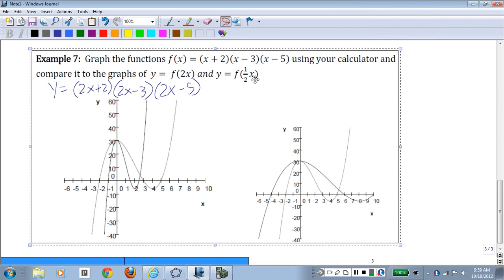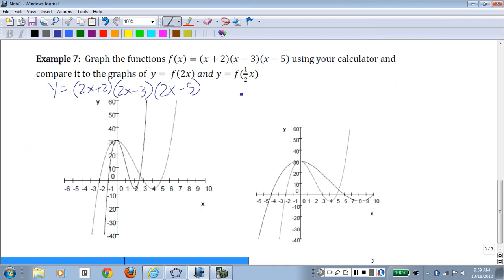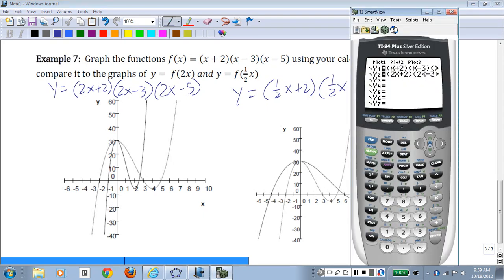So that would be f of 1/2 x. That's going to be y equals 1/2 x plus 2 times 1/2 x minus 3 times 1/2 x minus 5. 1/2 x gets substituted for x wherever we see an x. So the graph, again, economy of keystrokes rather than typing the whole thing.